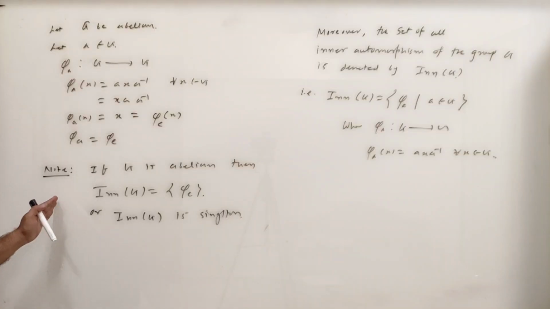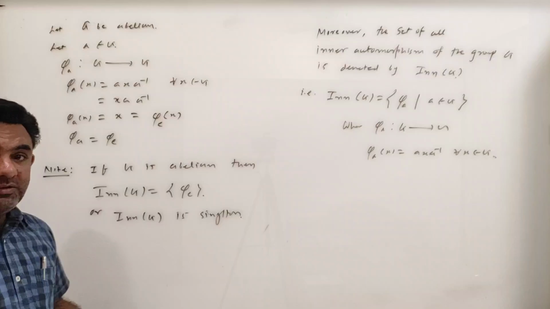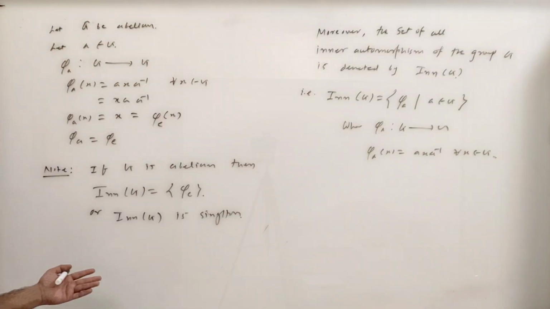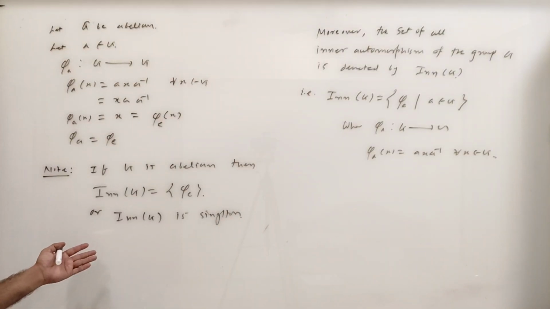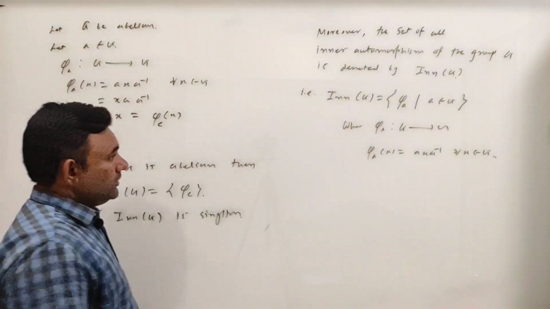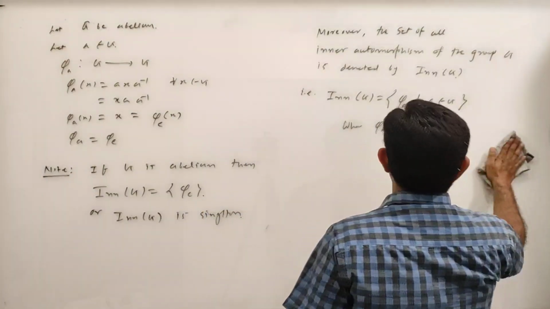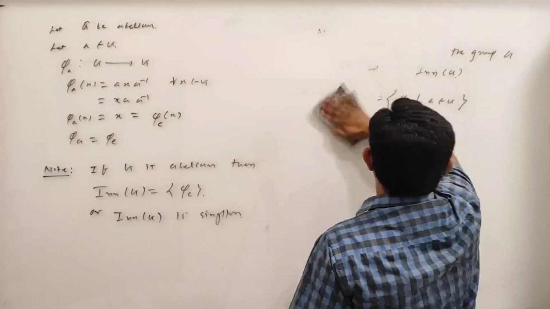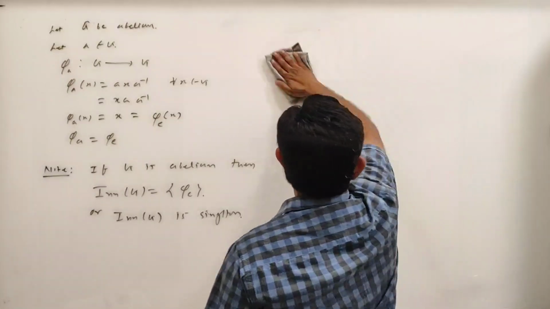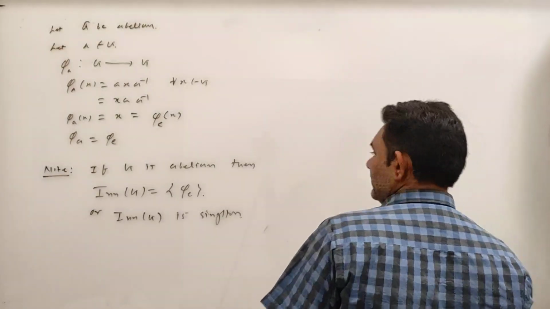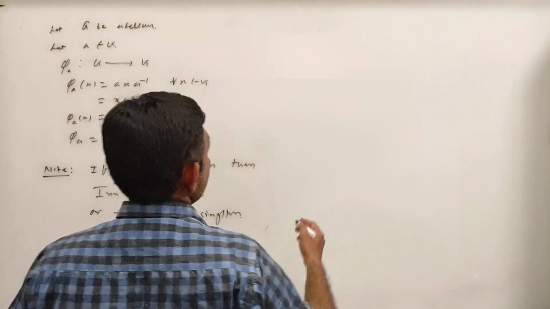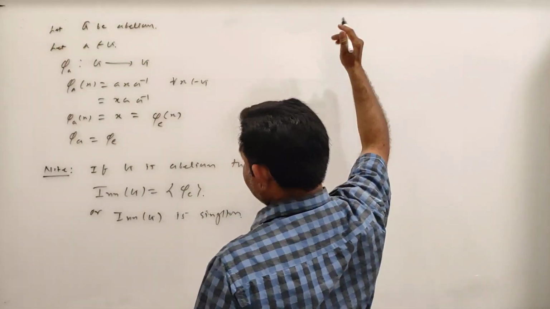And the converse is also true. If Inn(G) is a singleton, then G is abelian. We will prove this, so let us state the result.